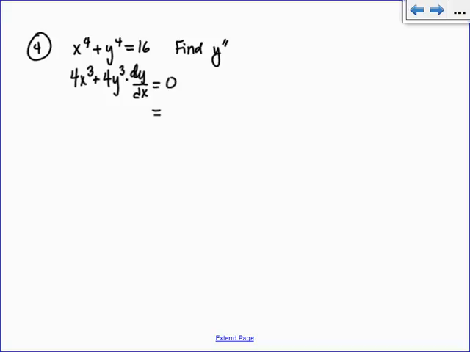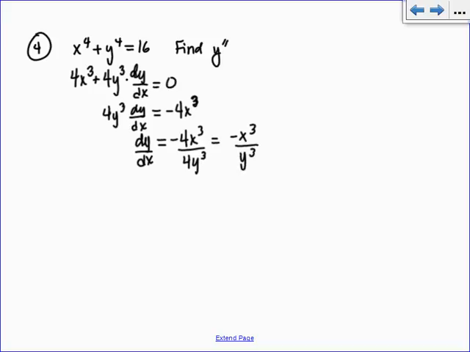And we subtract the 4x cubed over. And we divide by 4y cubed. So we end up getting negative x cubed over y cubed. So that's the first derivative. That's y prime. So what do you think we do?